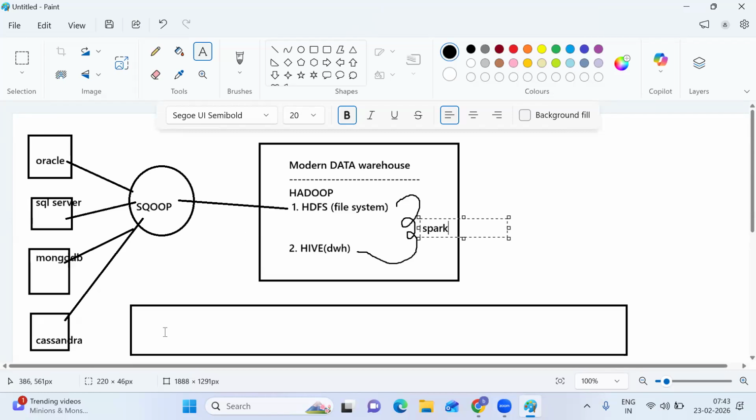At the same time, here they have streaming data sources.